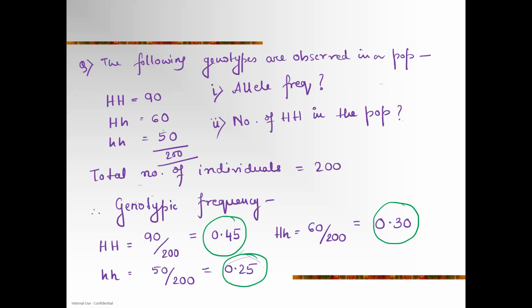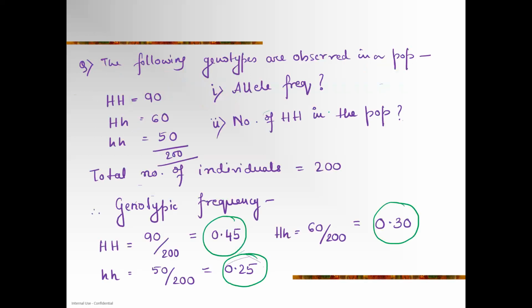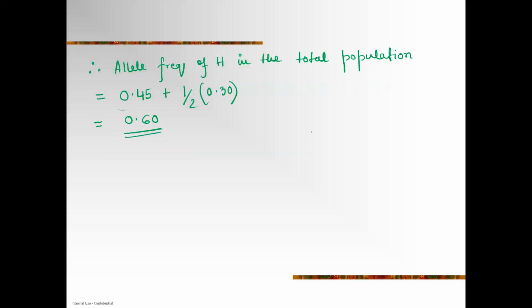Allele frequency of capital H. Here I should have written allele frequency of which one? This. And this. So your answer is this. Allele frequency of capital H in the total population is 0.60.